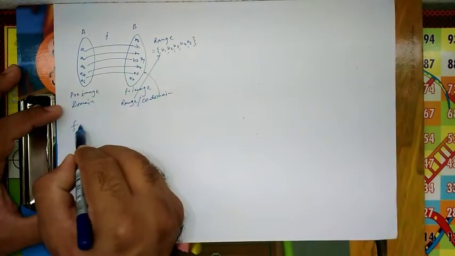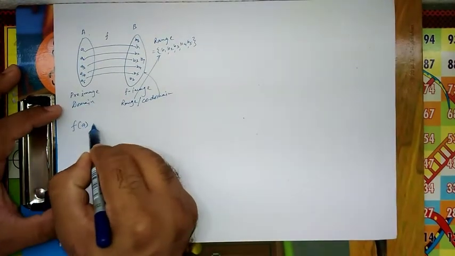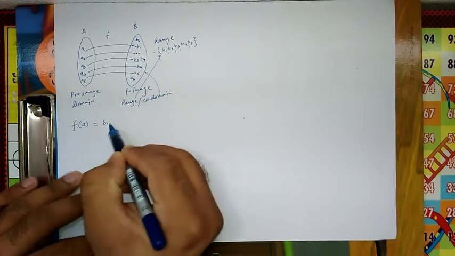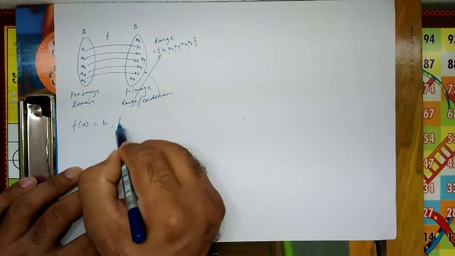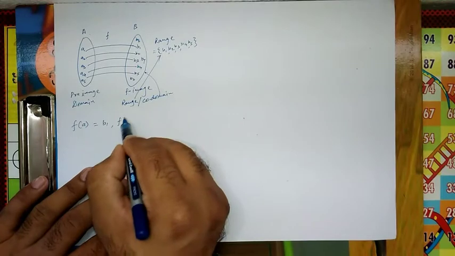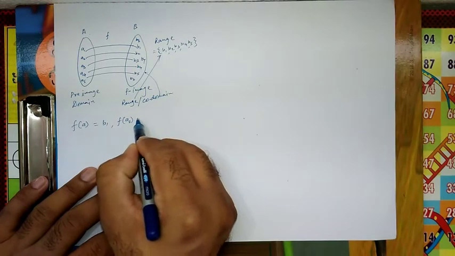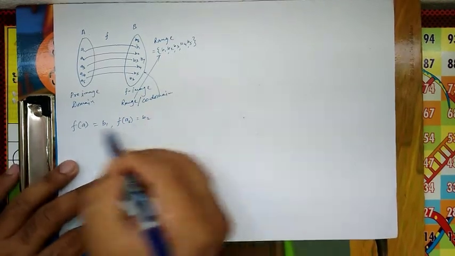F of A1, if I find, definitely I'll get B1. If I find f of A2, I'll get B2.